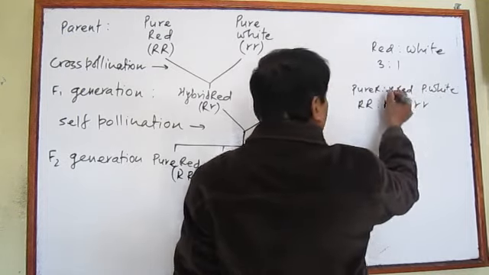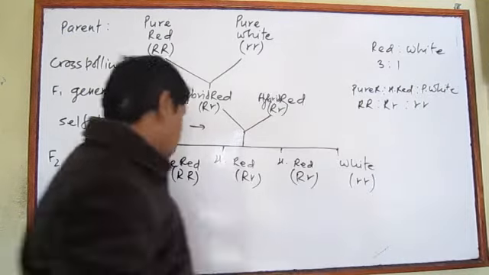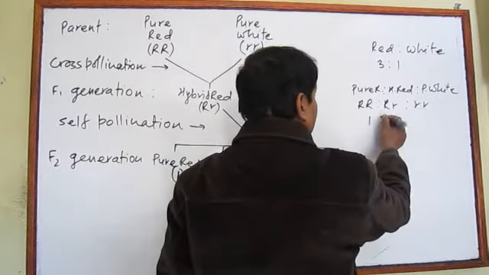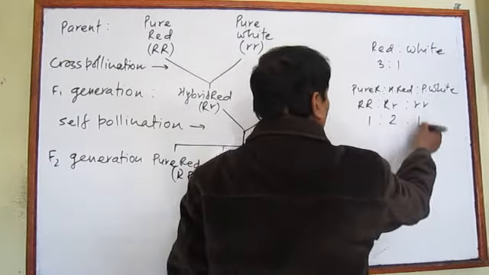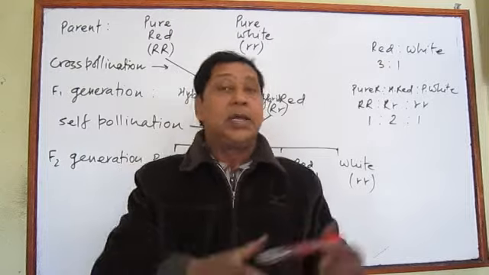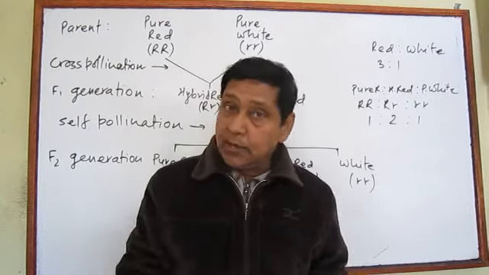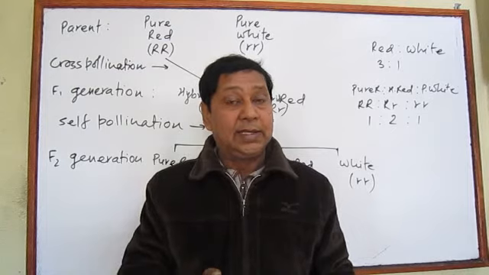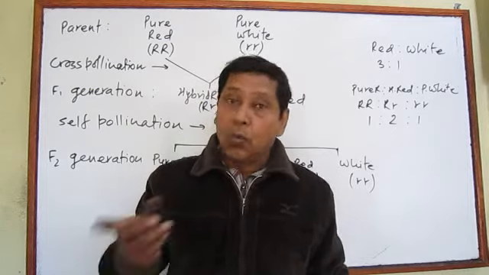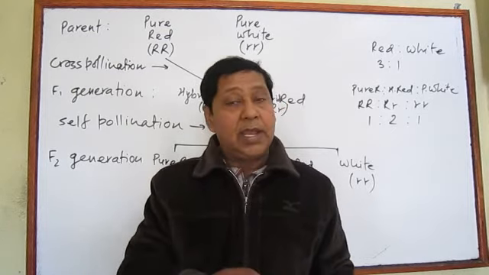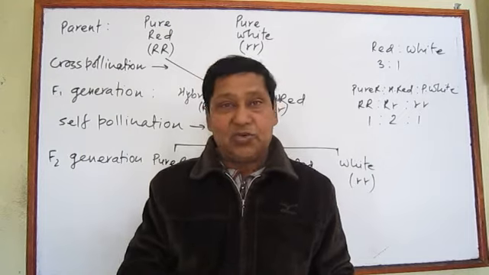Their ratio is found to be 1:2:1. So what can we conclude in the second generation? The phenotypic ratio is 3:1, red to white, and the genotypic ratio is 1:2:1, meaning pure red to hybrid red to pure white.